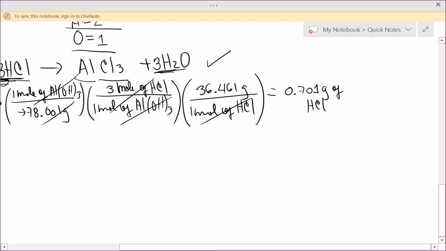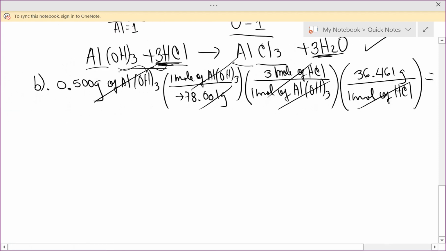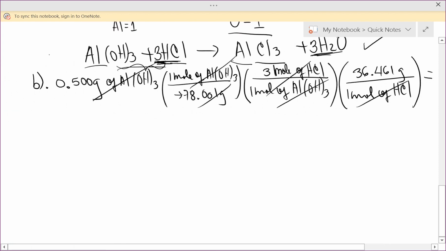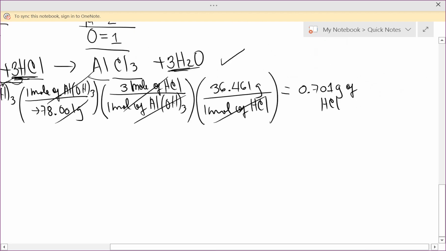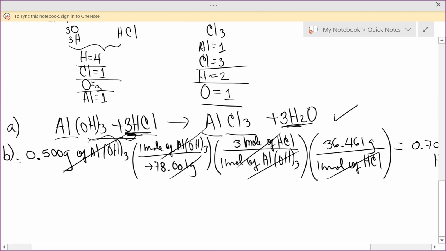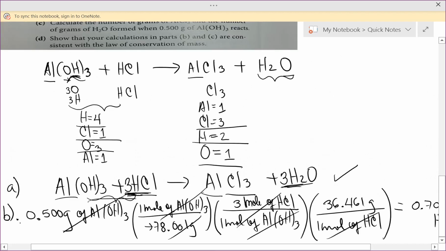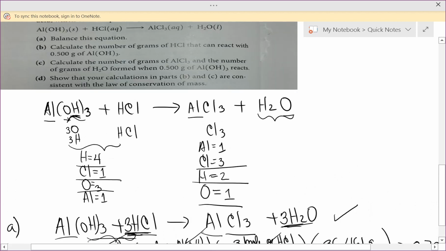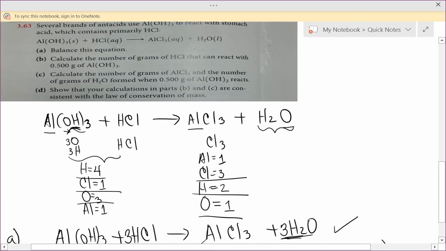Okay, so now let's work in part. This was part A, so this was part C. Now let's solve part, this was part B. Now let's solve part C. Part C says, calculate the number of grams of AlCl3 and the number of grams of water formed when 0.500 grams of Al(OH)3 reacts.